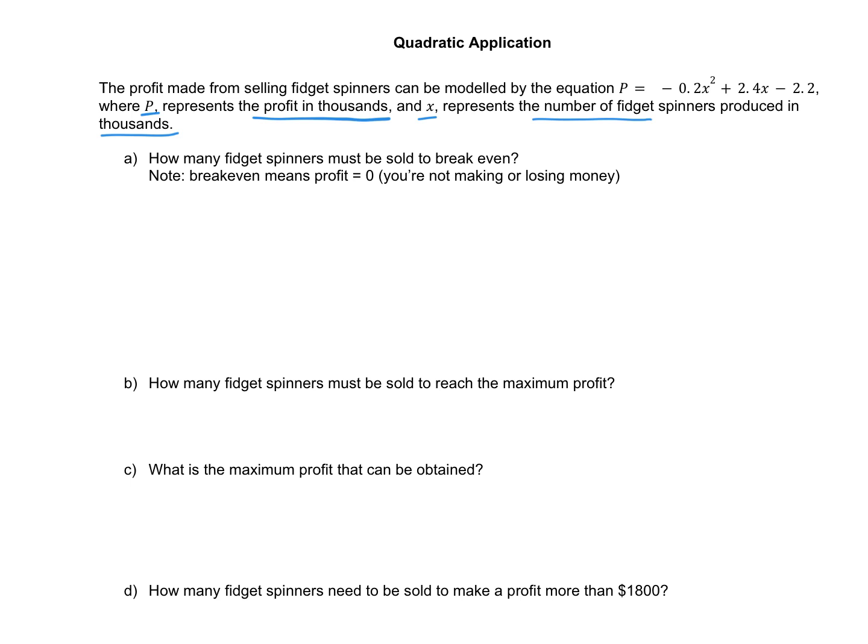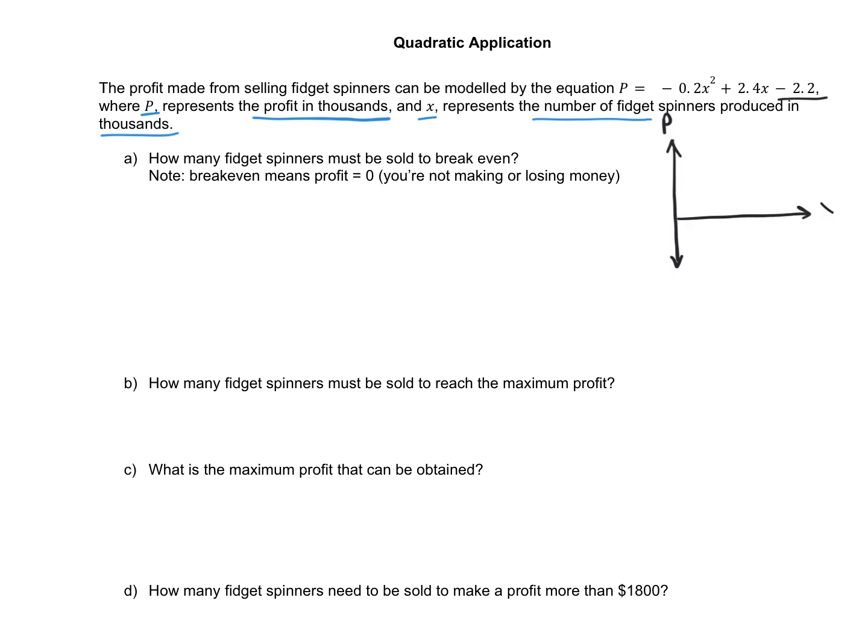Alright, so how many fidget spinners must be sold to break even? Now, let's note that to break even means that the profit is zero, so you're not losing money or making money. If I were to start with just a little sketch to represent this scenario, we know the parabola is opening down, and we know the y-intercept is negative 0.2.